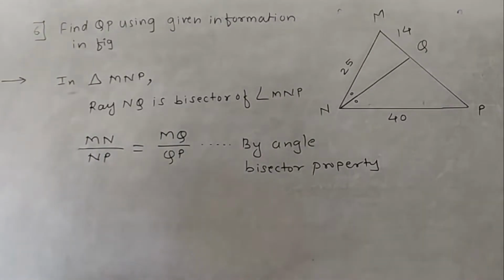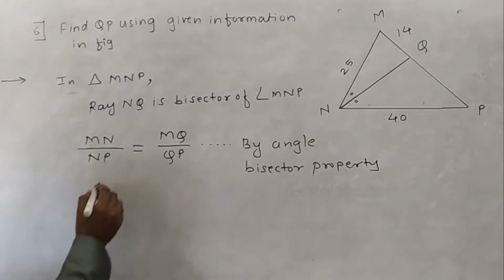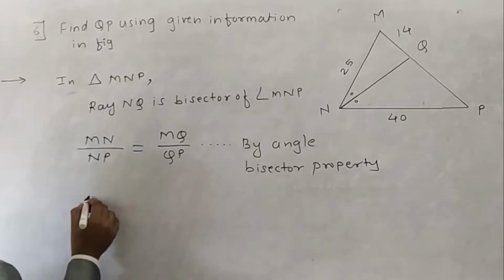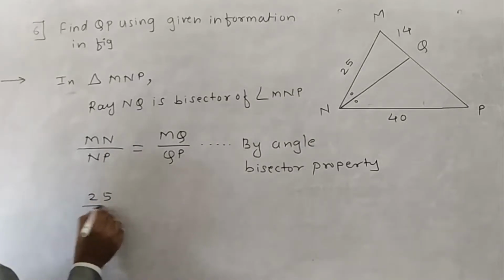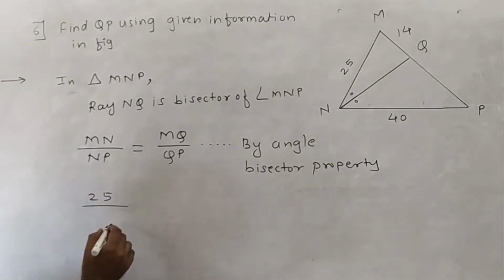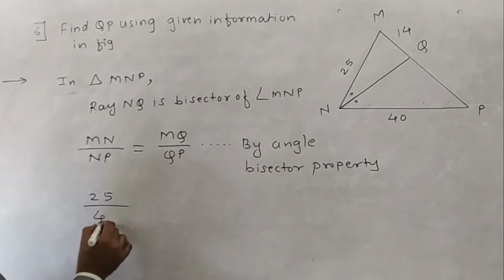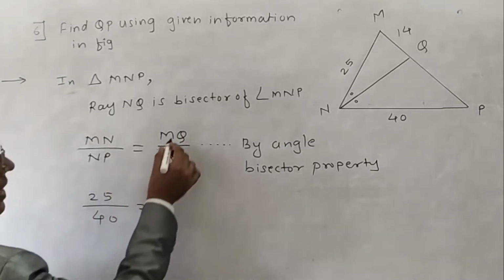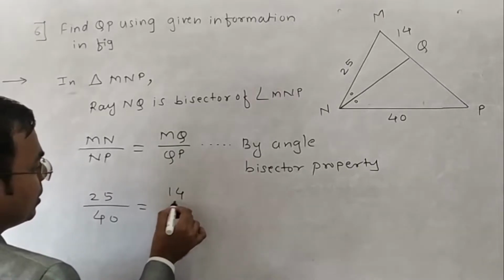Now put the value which is given to us in the figure. MN is how much? 25. So MN is 25. NP is how much? 40. Equal to, as it is, MQ is 14.